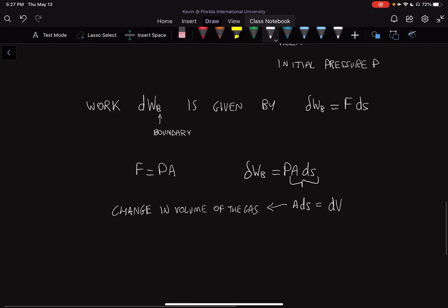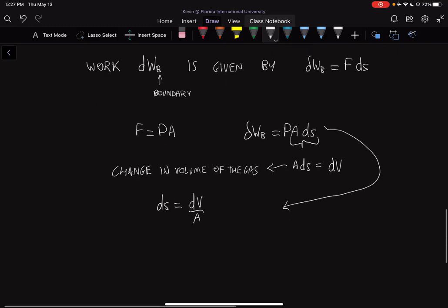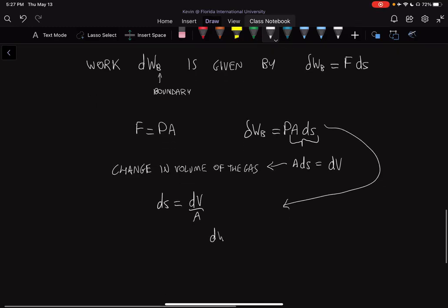So we can rearrange this: A ds is equal to dV, so we can say that ds is equal to dV over A. And if we say that ds is equal to dV over A, we can substitute for ds and write that dWb is equal to pressure times area times dV over area.